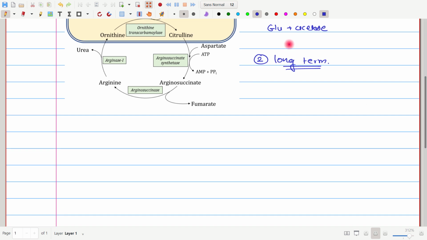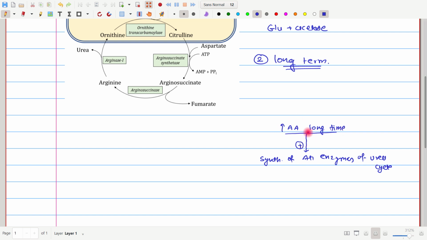But before we discuss the minute detail of long-term regulation of the urea cycle, there is one observed effect, and that is that whenever there is increased amino acid level for a long time, it is observed that in such a condition it stimulates the synthesis of all enzymes of the urea cycle. Now, this is just an observation.